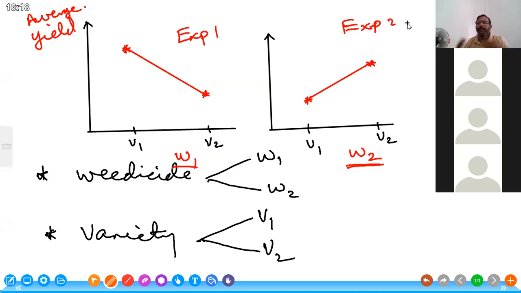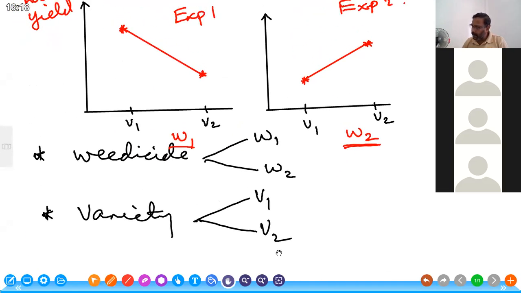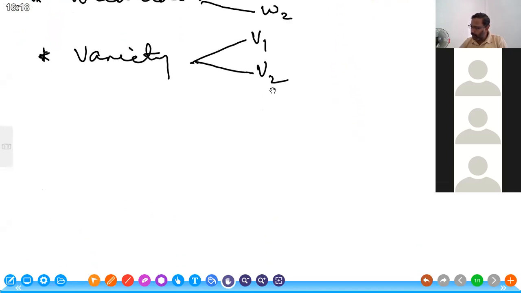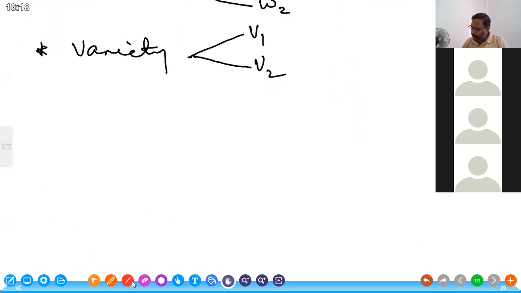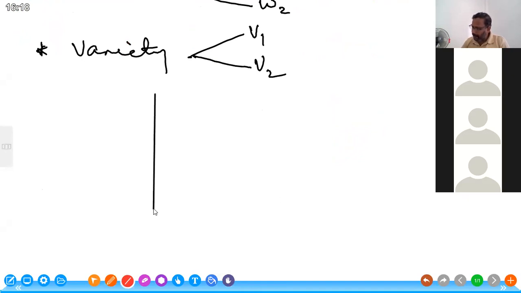Now, we can combine these 2 experiments, right? If you combine these 2 experiments, I will again go back to the same line.